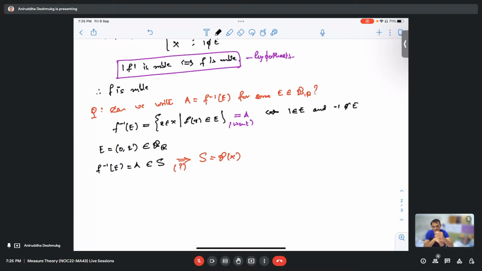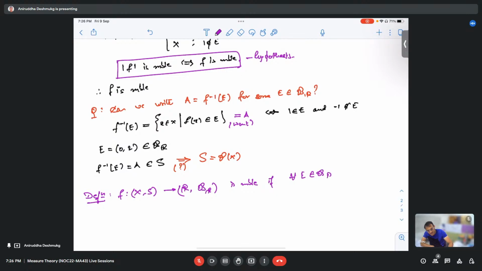In this Borel sigma algebra, f from (X, S) to (R, B(R)) is measurable if, for any Borel set of R, the pre-image of that Borel set is inside S. This is the definition, right?